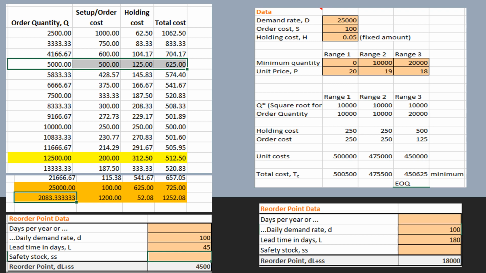For the third price range, we have the holding cost of 500 and order cost of 125. Our unit cost is the units multiplied by 18, so that's 450,000. Our total cost is 450,625. Among the 3 price ranges, price range 3 is the minimum. So this is our optimal level.